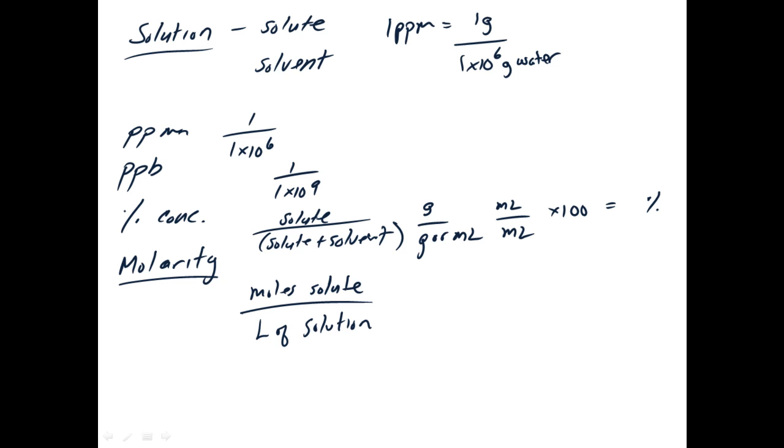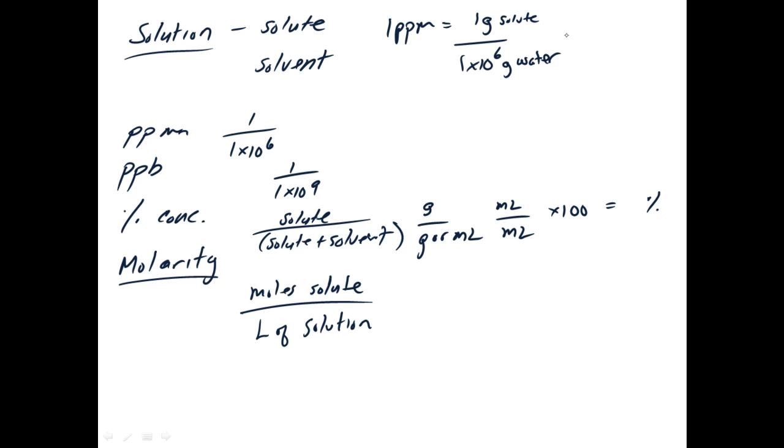Now again, this is a rough approximation, but let's forget that for this moment. Okay, so 1 part per million is 1 gram of solute per 1 times 10 to the 6 grams of water.